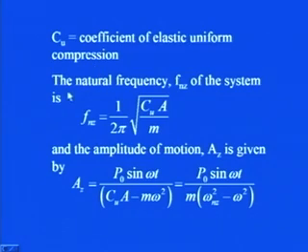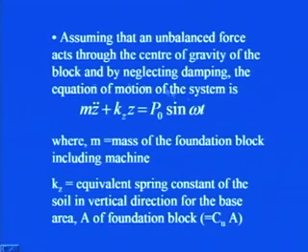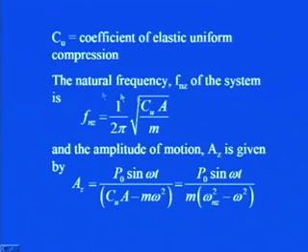So, in this case if you try to solve this particular equation, as we have already done in the first few lectures, then you will get the natural frequency of the system, f n z, as 1 by 2 pi square root of Cu into A by m. This is similar to the force system in the absence of damping.